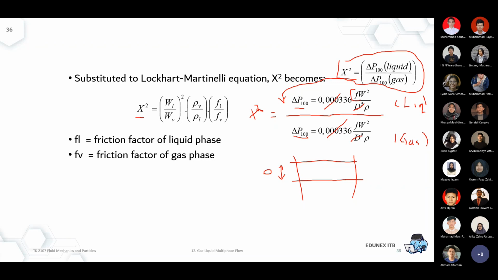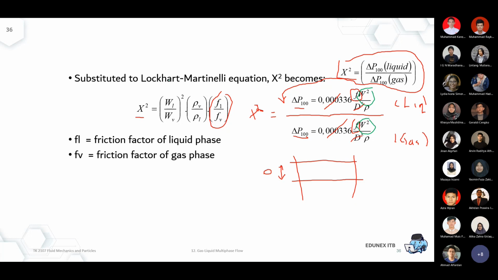So in terms of the F ratio, that will be F liquid per F vapor. And then see the other parts. We have the mass flow rate square of the liquid divided by the mass flow rate square of the gas. Again, the position is still in the denominator.